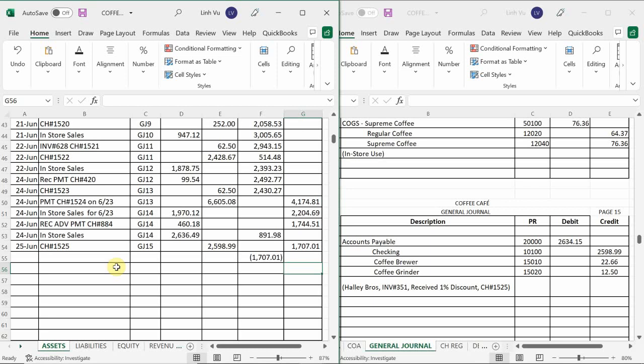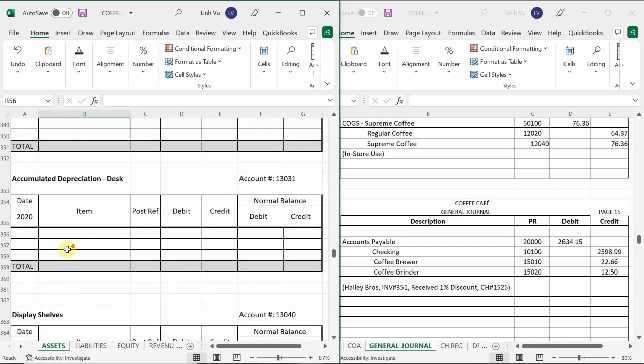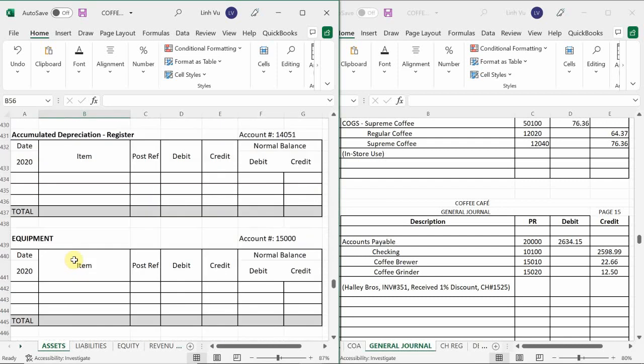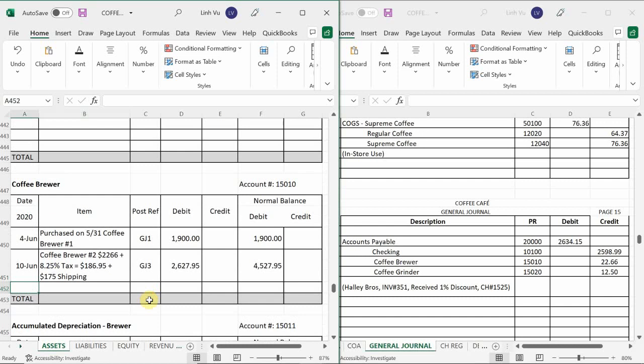Okay, and now we gotta adjust our assets, right? Our equipment, because we paid them at a discounted price. So here we are. Equipment. We're going to adjust this on the 25th.